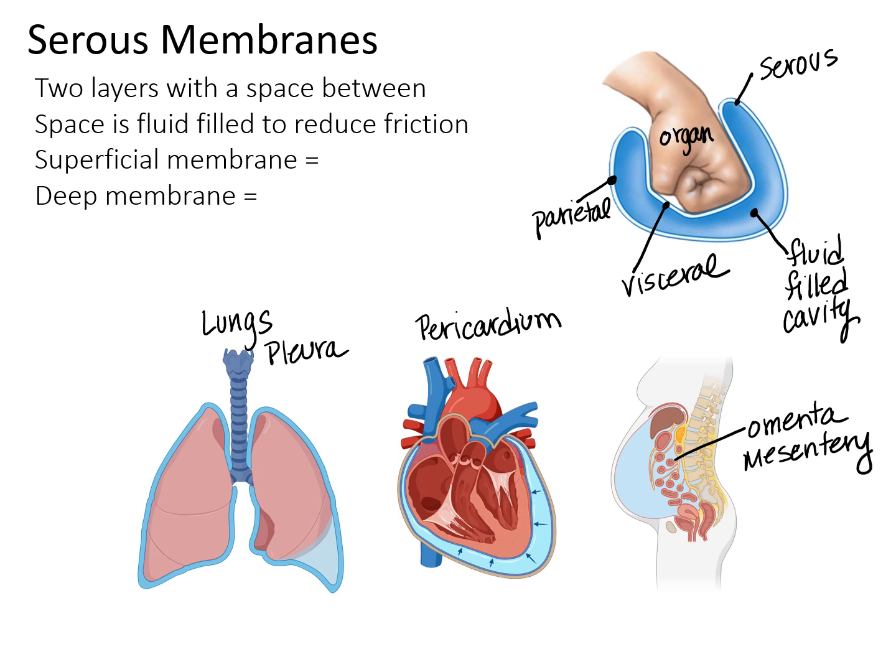Mesenteries and omenta are actually like double membranes. So we will always come back to serous membranes with their two layers, parietal, visceral, and the fluid-filled space in between.